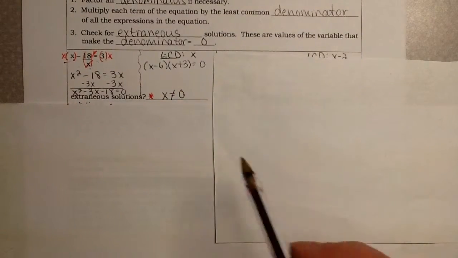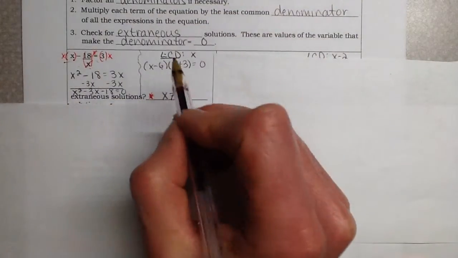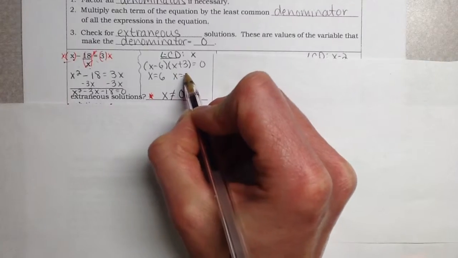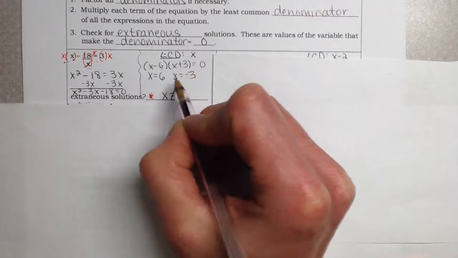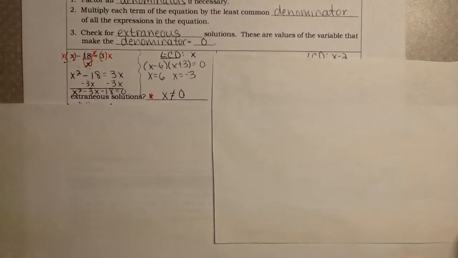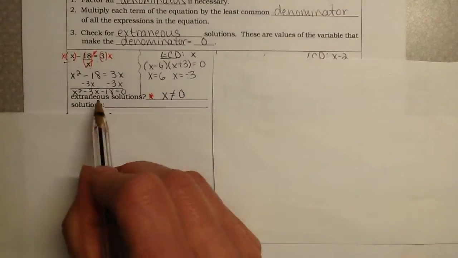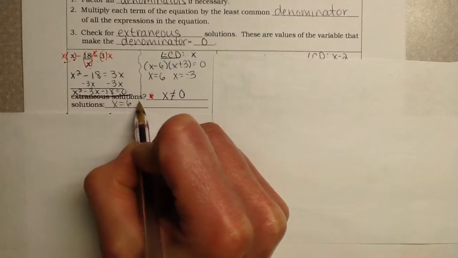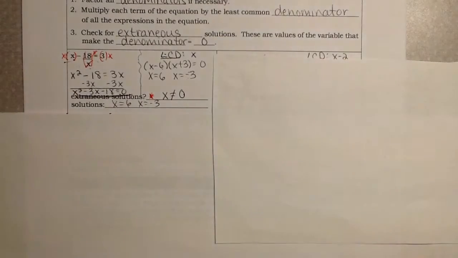Well, let's look at our solutions. When we set this equal to 0, one solution is x equals 6. One solution is x equals negative 3. Neither one of these is 0, so we don't have any extraneous solutions. And our solutions are x equals 6 and x equals negative 3.